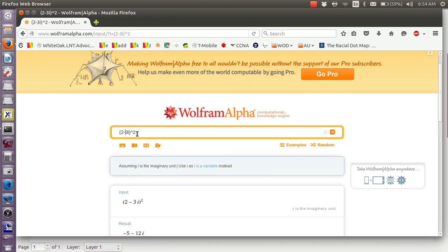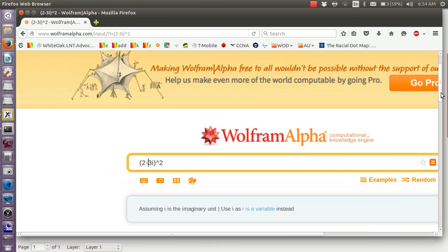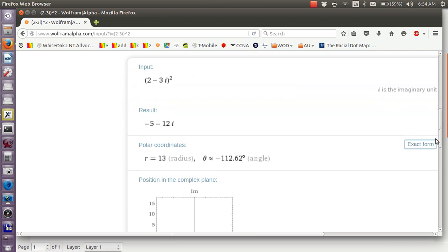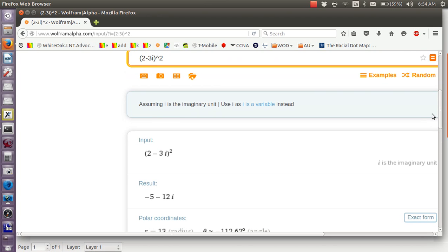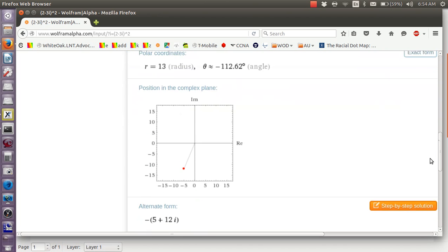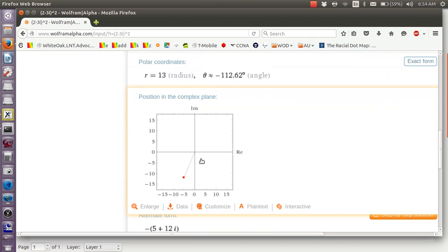Can you see this? So I'm just typing this in and it's just giving me this answer. Okay, oh, this picture is kind of cute. It shows you the real axis is here and the imaginary axis is here. So it means that the real part is -5 and the imaginary part is about -10. It's a little bit more.